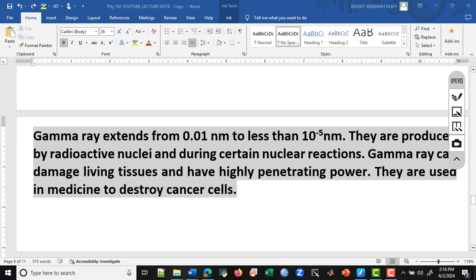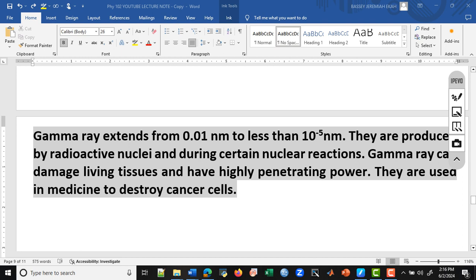Gamma ray can damage living tissues and has highly penetrating power. So those of us who are in the medical field, you have to know about the hazards of this radiation. For the radiographer working with all these radiations, or even those of us who stay in the lab, you don't enter the lab carelessly.